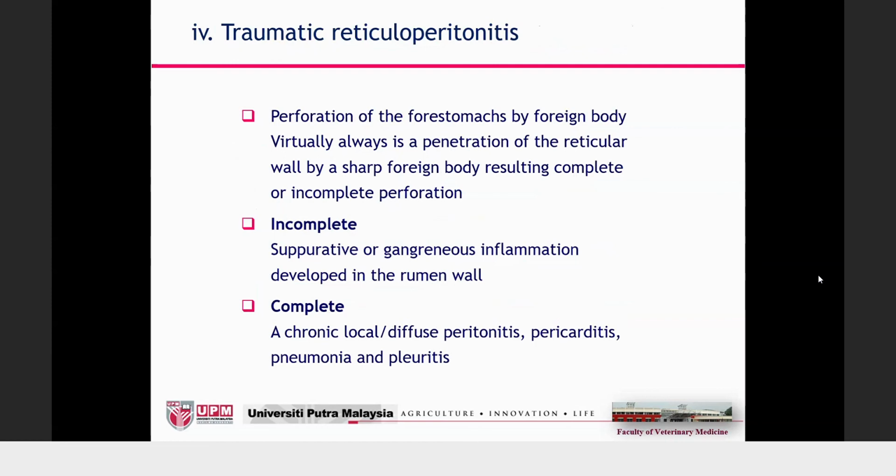Sometimes you see that they consume nails, very big nails. And during the process of contraction, during digestion, those nails poke the rumen wall. And that can even go to the peritoneal area, move into the diaphragm and into the heart.